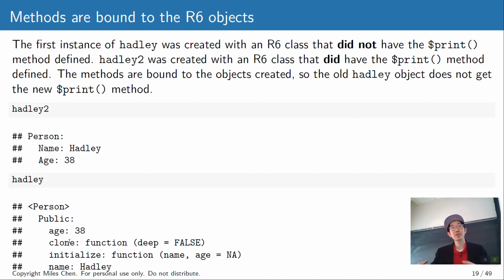Once you've created a new definition, it will be used going forward, but it's not going to go back in time and update everything in the past. You have to recreate those things, or just accept that they still use the older definitions. So this older object Hadley doesn't get the new print method.